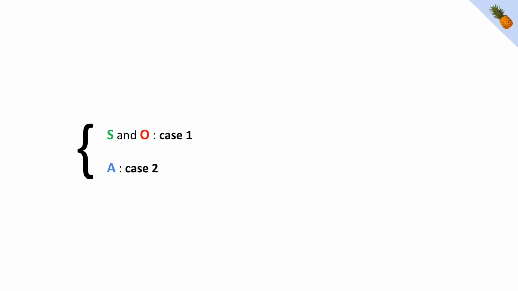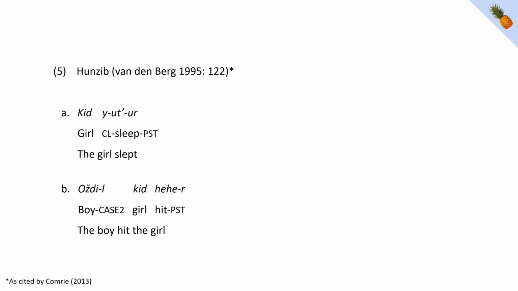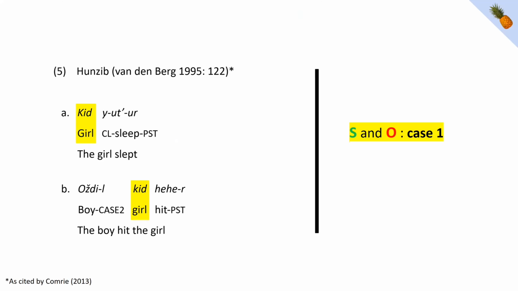In the previous episode, we also encountered languages where S and O arguments bear the same case and A arguments bear a different one. Such languages are said to exhibit ergative alignment with respect to case marking. In Hunzib, for example, S and O arguments receive case 1, while A arguments receive case 2.